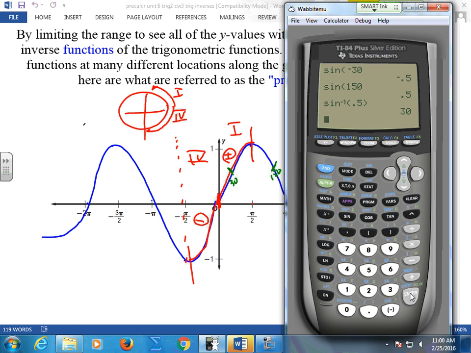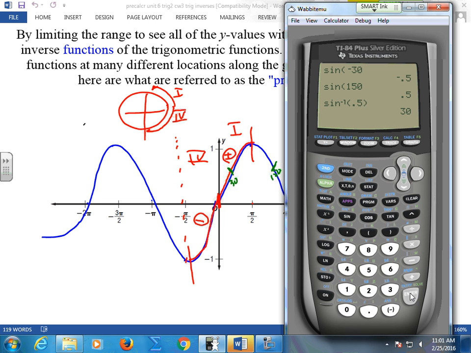So let's look at the graph for a second. Why does it only give me 30? Because 30 is my reference angle, but look at my little area that I can only look in. This is the only area that I could use for an inverse. It doesn't go, oh, I can't go over that way because I failed the horizontal line test.